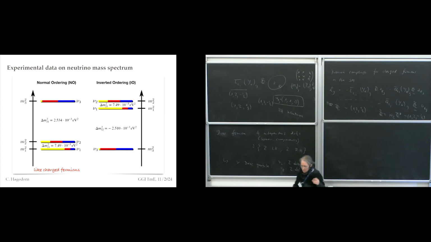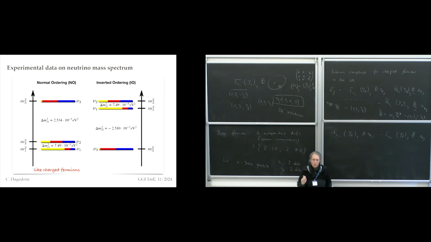There are more terms which involve the particles, but if they're Dirac particles, the piece of the Lagrangian which we are now interested in looks like this.